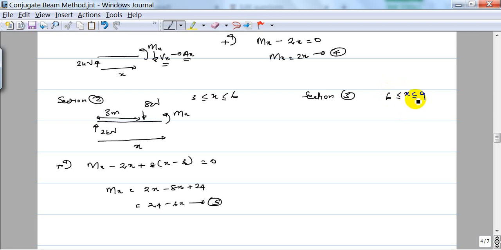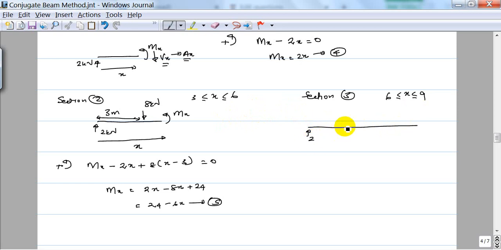So that will get me the third relationship that I can use to obtain the bending moment diagram.